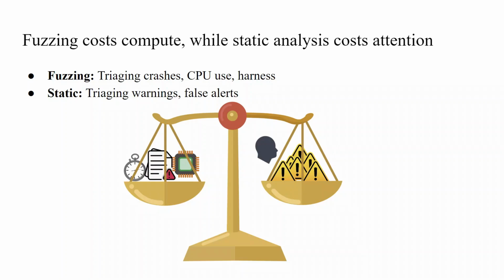So in a real team, it's not just cost and time. It's more so morale. For static analyzers, if you're looking at all these warnings and a lot of them are just false positives, a lot of people tend to stop listening.